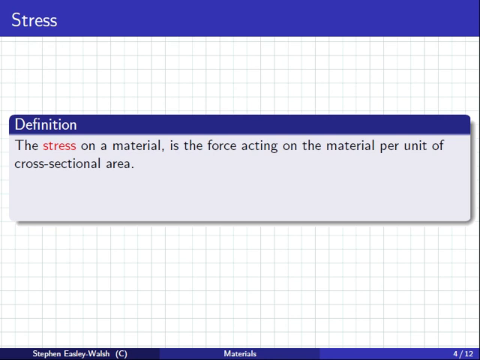Now, this should remind you of something. It's like pressure, isn't it? So what's the units for stress? Pascals, yeah. And what's the formula for stress? Yeah.